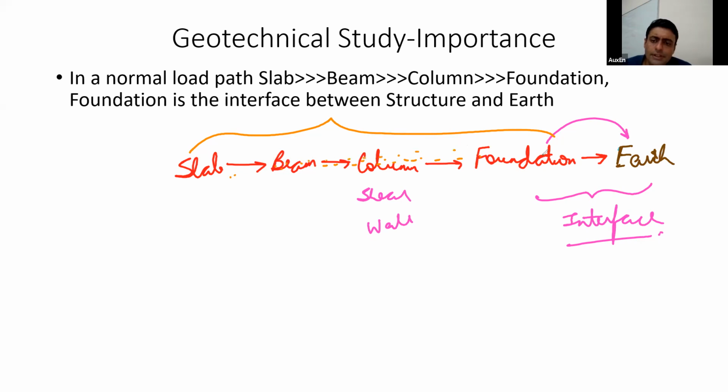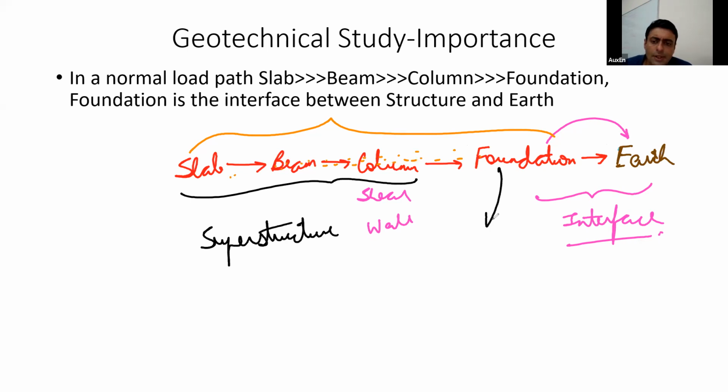But here, for the first time, the load is going to get transferred to earth. So foundation is an interface for load transfer. We generally call these the superstructure, and this foundation we generally call the substructure.